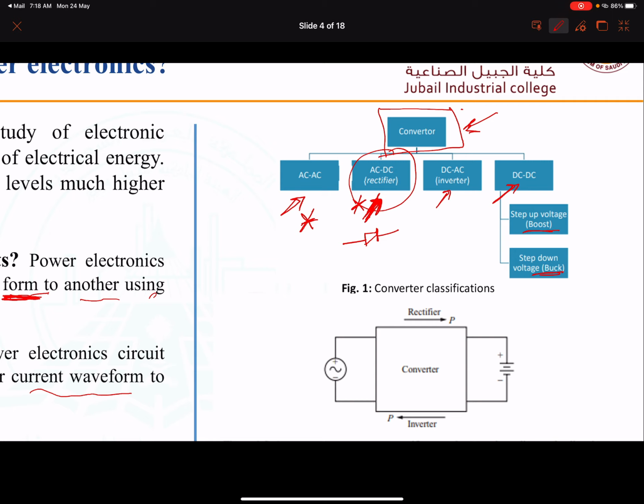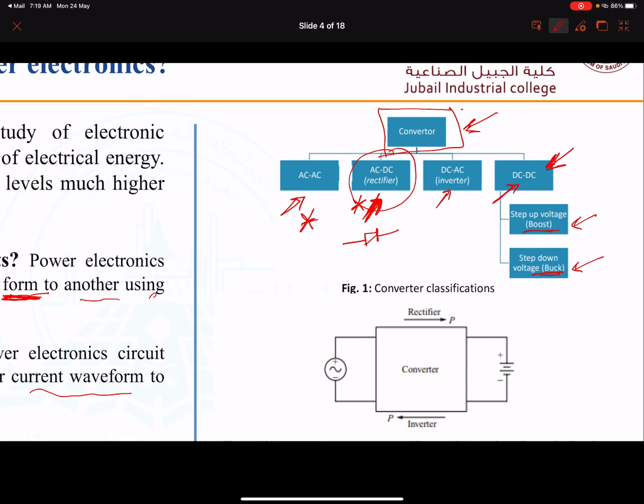When you are talking about a DC to DC converter, we are dealing with fixed DC voltage as an input and variable DC voltage as output. So we are varying the DC input by boosting up the voltage or by bucking down the voltage.